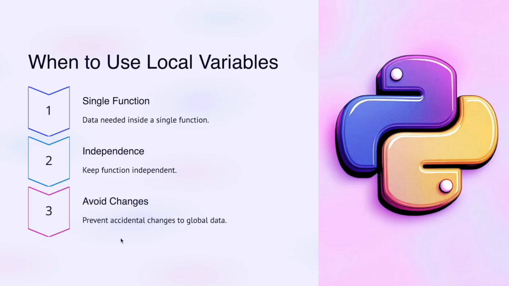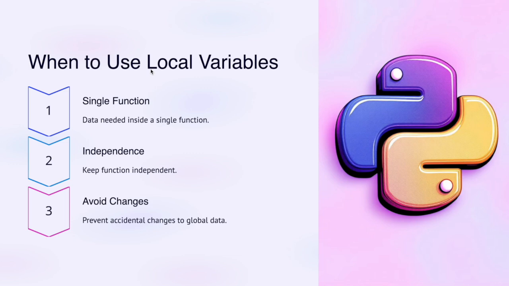Simple as that. Now, when to use local variables? When data is needed inside a single, independent function, and you don't want to make any kind of changes, you want to prevent accidental changes to global data.